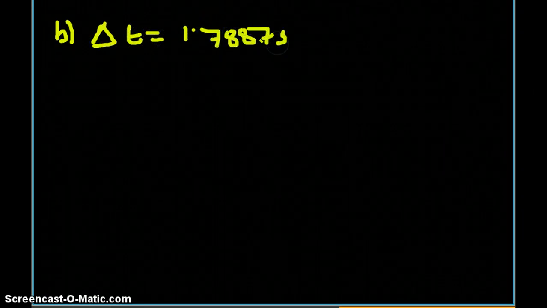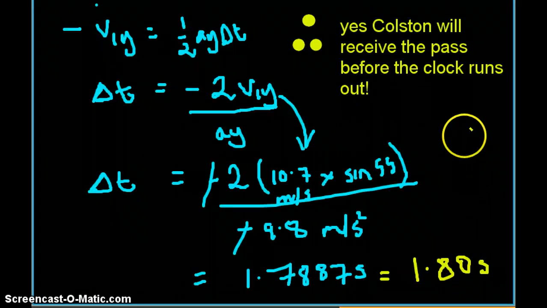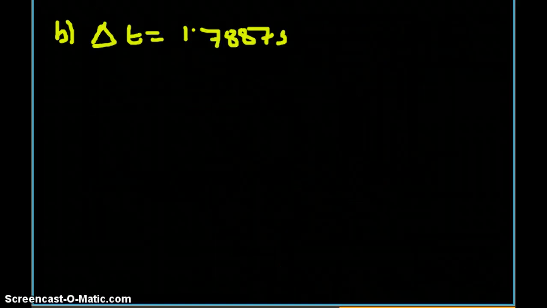Note how I don't use my rounded off value. I did say it is 1.80 seconds, but because we're using our answer in another part of the problem, we want to get the most accurate answer we can. So we're not going to use a rounded off value. We're going to use the actual value we found. So that's a new piece of given information we have.